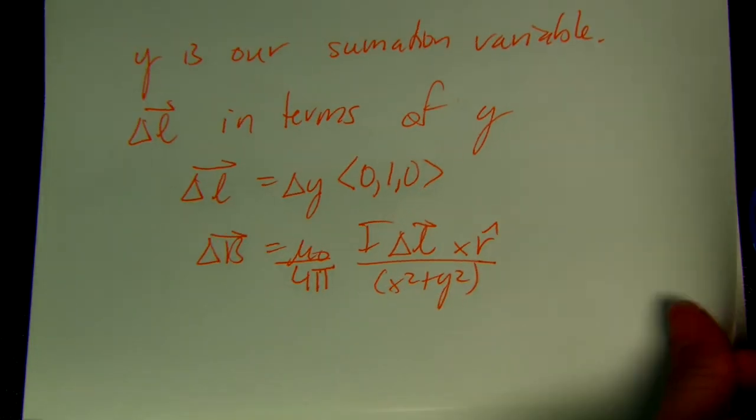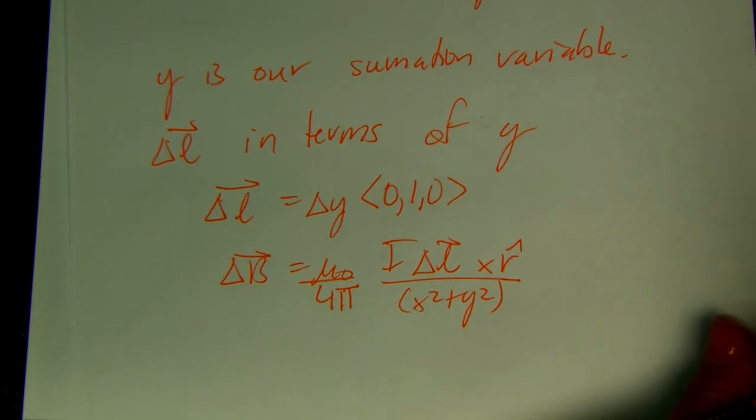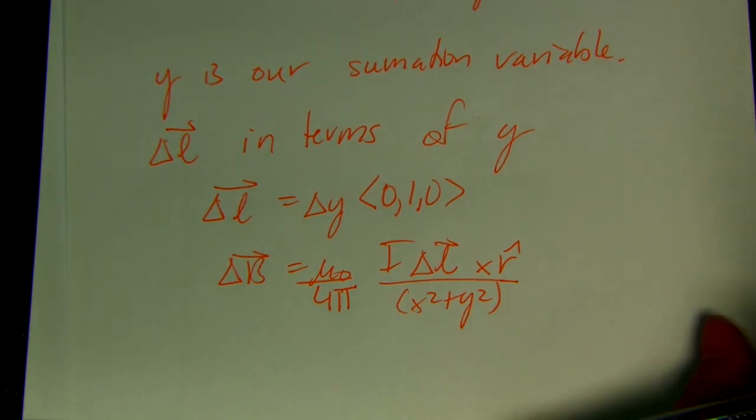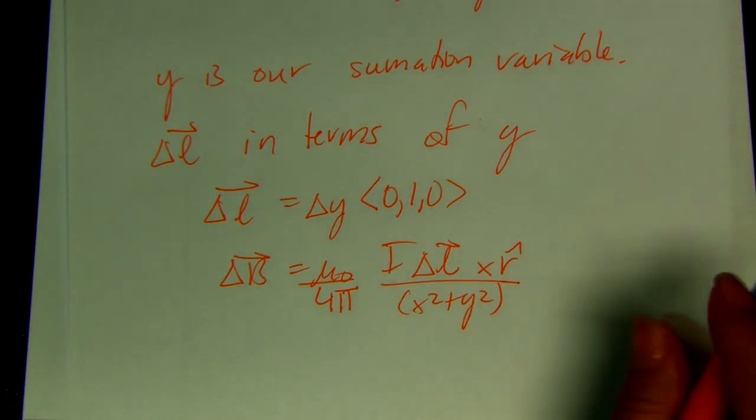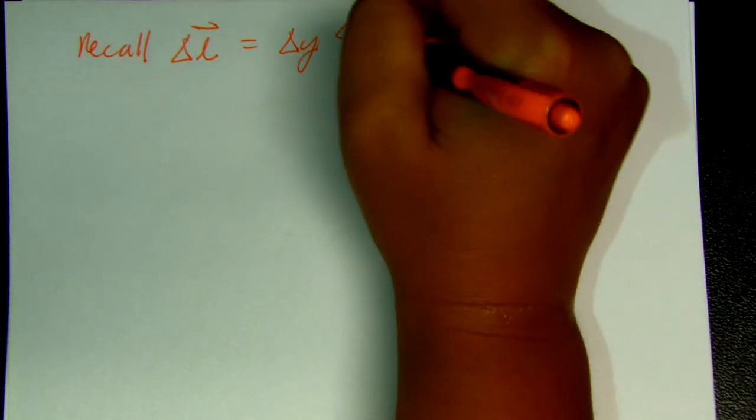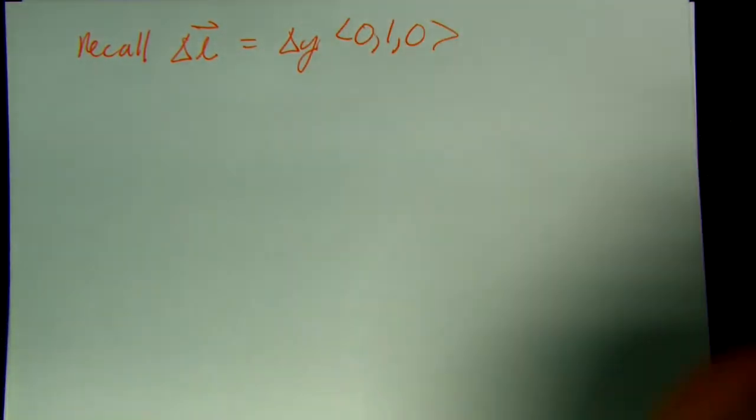And we can go ahead and flesh this out. So, if you recall from just 2 steps ago, delta L is equal to delta y times (0, 1, 0).